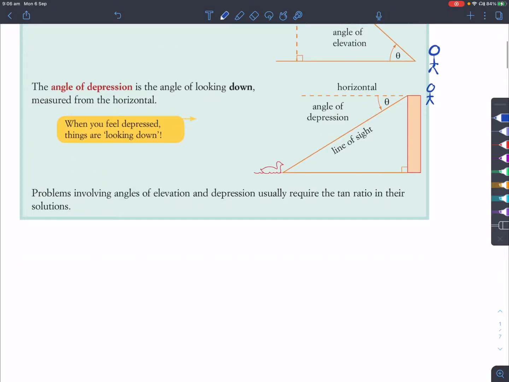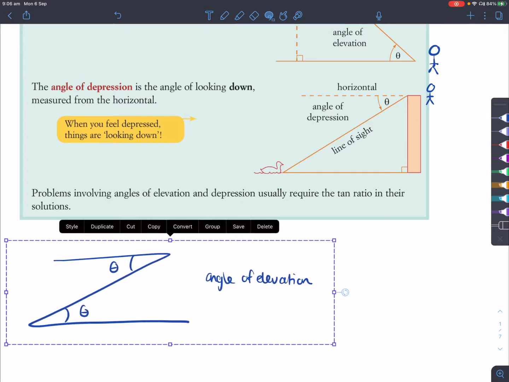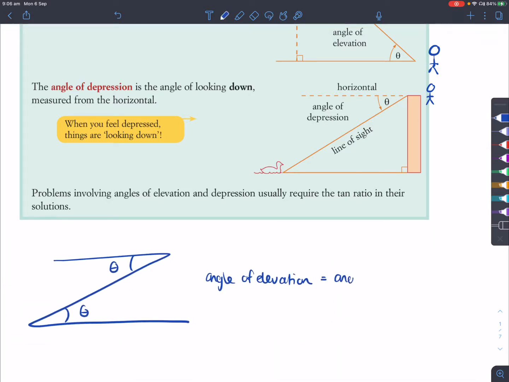So I'm just going to add a note here. If this is your angle of elevation, which is theta, then this is also theta, which is your angle of depression. So I'm going to write here that the angle of elevation is equal to the angle of depression.